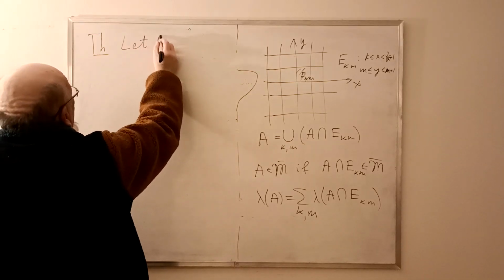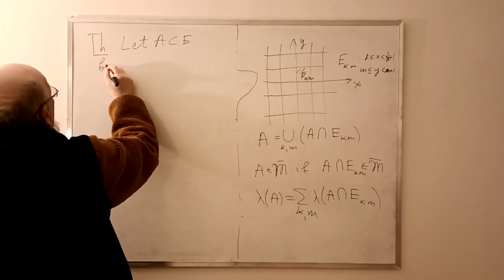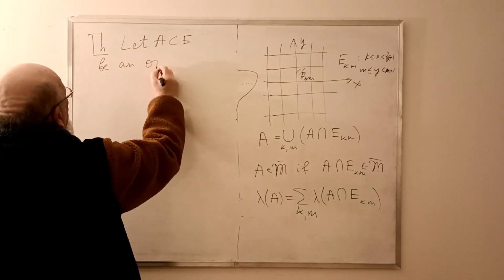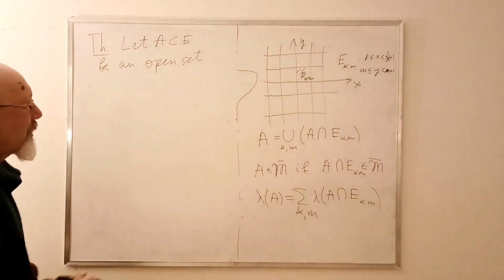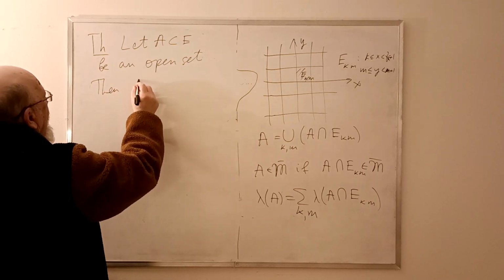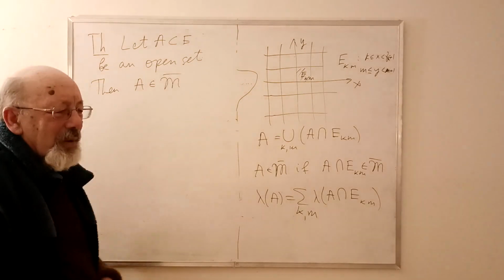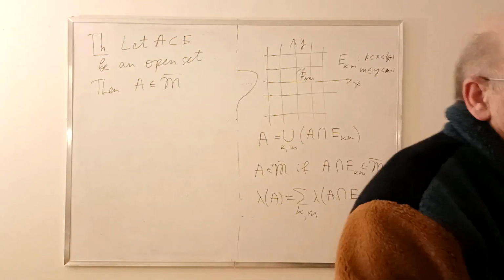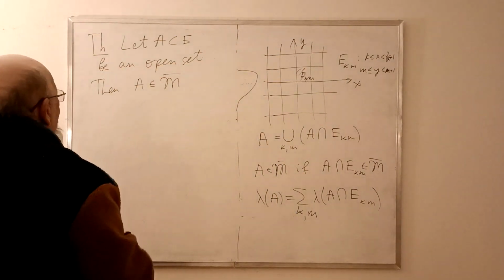Let A in E be an open set. Then A is measurable. So open sets are measurable. Now, why?